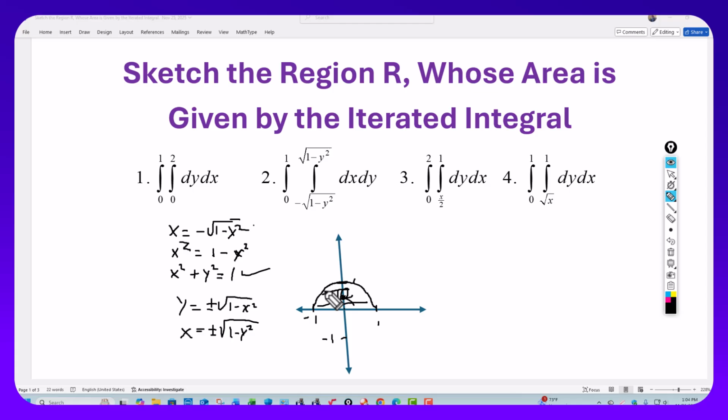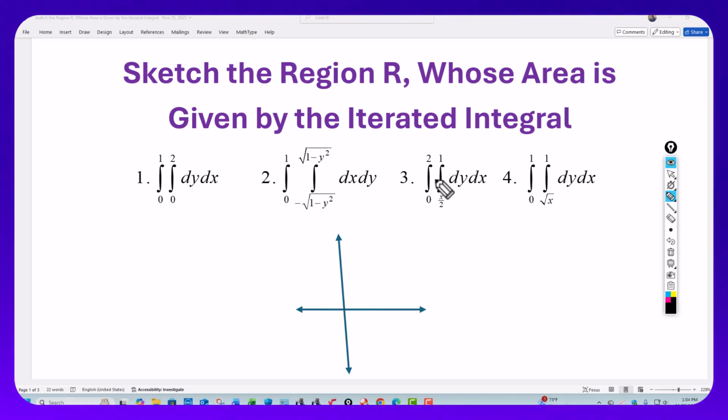And that's the region you would integrate over if you were given a function to complete the evaluation of this integral. Now for the third one here, y goes from x over 2 to 1. This is y equal to x over 2, so this is a line. Put in 0 there, I get 0, so that passes through the origin. If I go 2 units over, plug in a 2 there, I get a 1 over here. So the line's going to go like this.